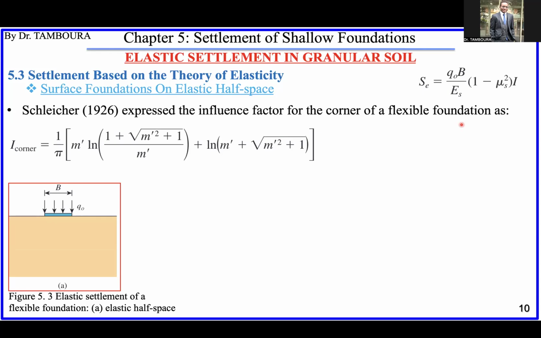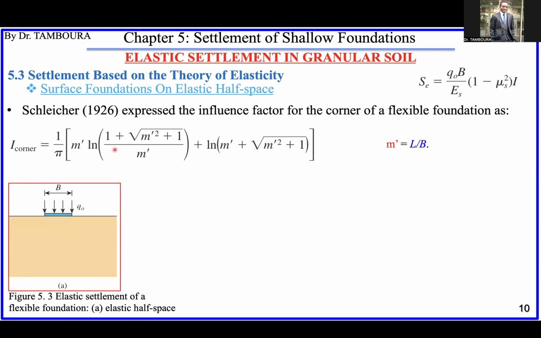So at the corner of this rectangular footing, you can obtain the value of I, and replacing it in this equation, you will obtain the settlement at the corner. Okay, for those who don't understand corner, if I take this, for example, check this red rectangle, this point is the corner. Okay, this is not a footing, this is just an example.